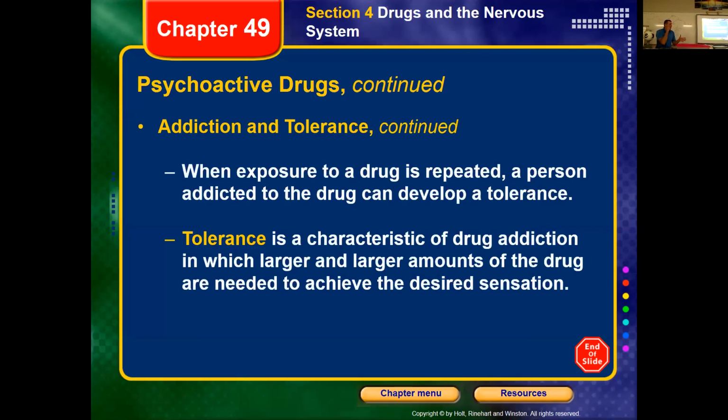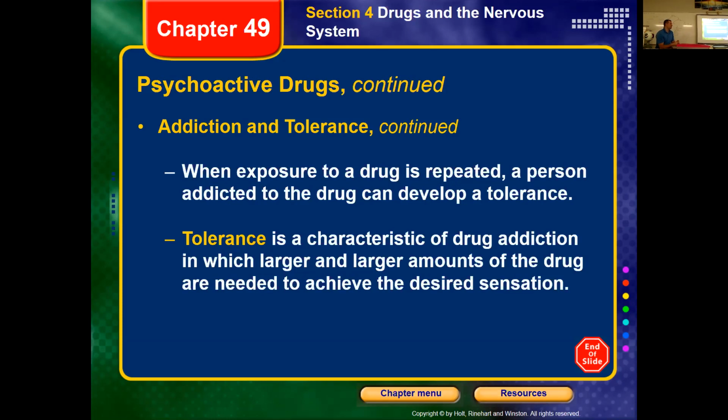You've increased the amount of the drug, alcohol, and the negative effects that it has on the liver are still being done at that point. You just aren't getting the psychological effects of that at that time. So tolerance typically is not a good thing. Tolerance is usually a bad thing.